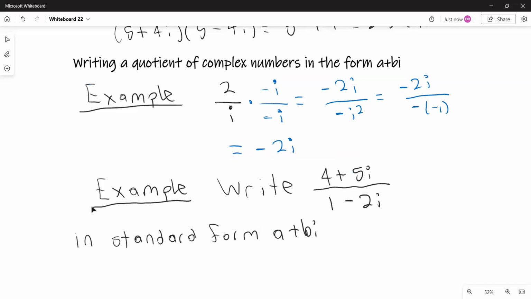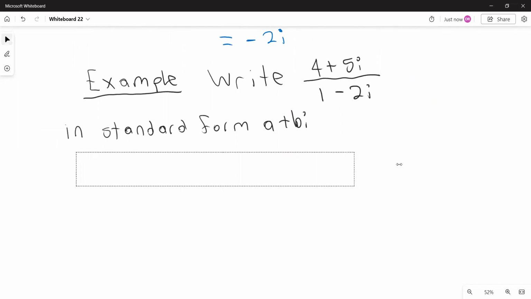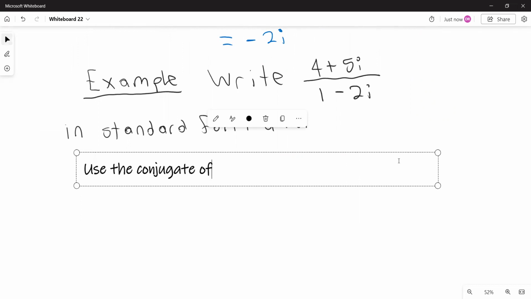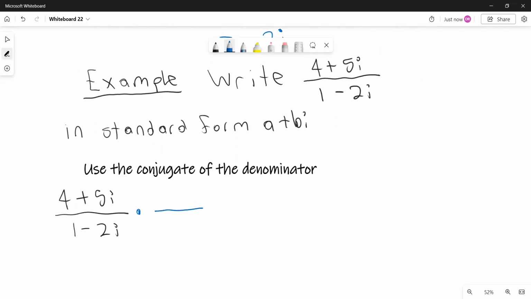So what we're going to do is use the conjugate of the denominator. So 4 plus 5i over 1 minus 2i. If we multiply the same thing at the top and bottom, we preserve the equation. The conjugate of 1 minus 2i is 1 plus 2i.